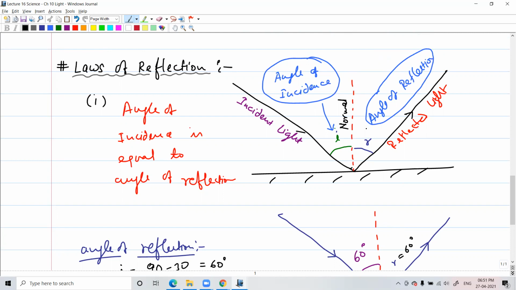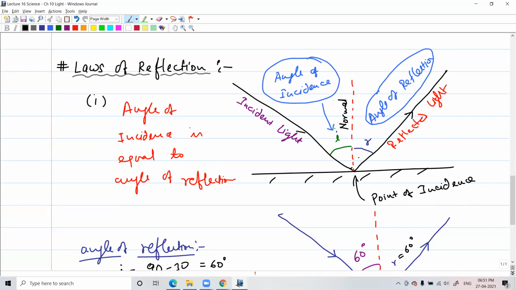That red dotted line is your normal. This point is called the point of incidence. Where the incident light comes, that's your point of incidence.